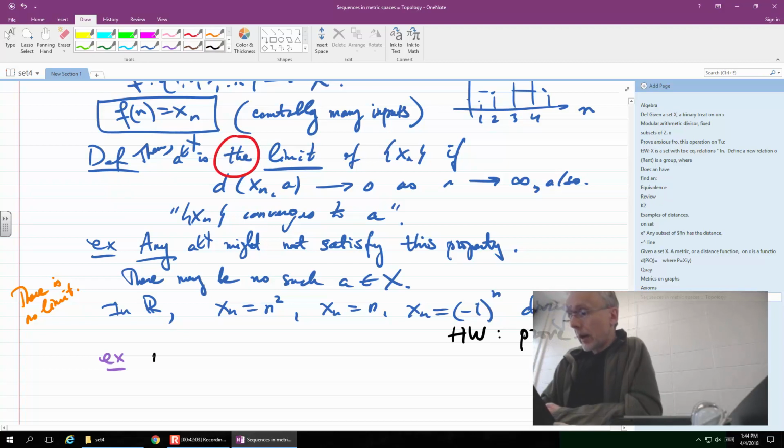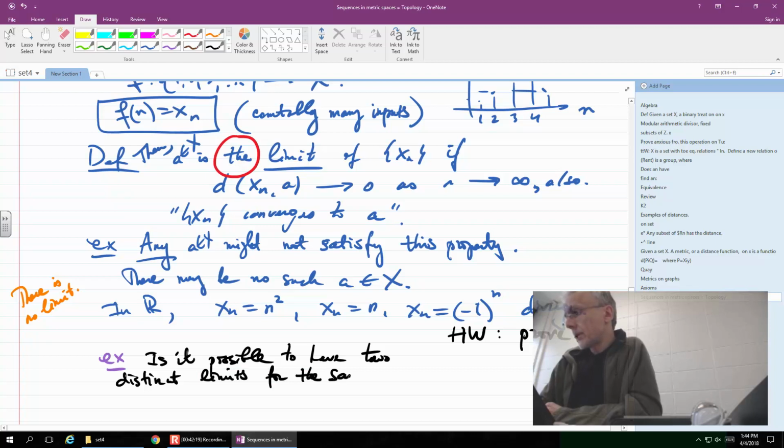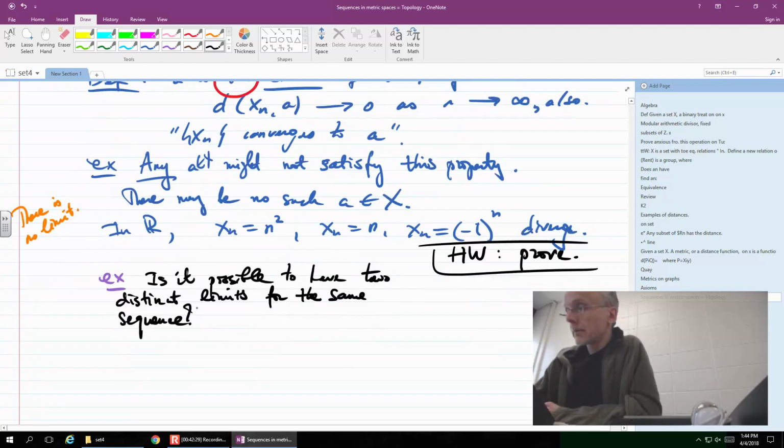So is it possible to have two distinct limits for the same sequence? What's the answer? If you know from calculus 2, is it possible to have two distinct limits for the same sequence?